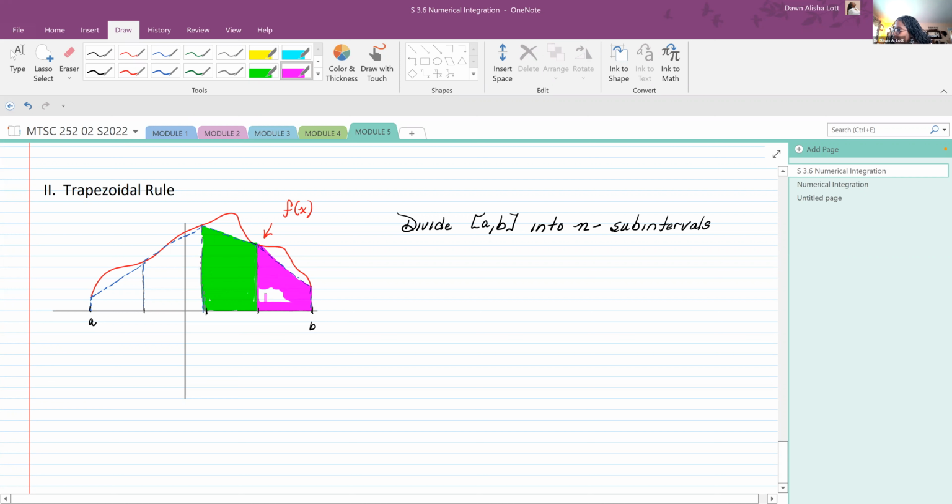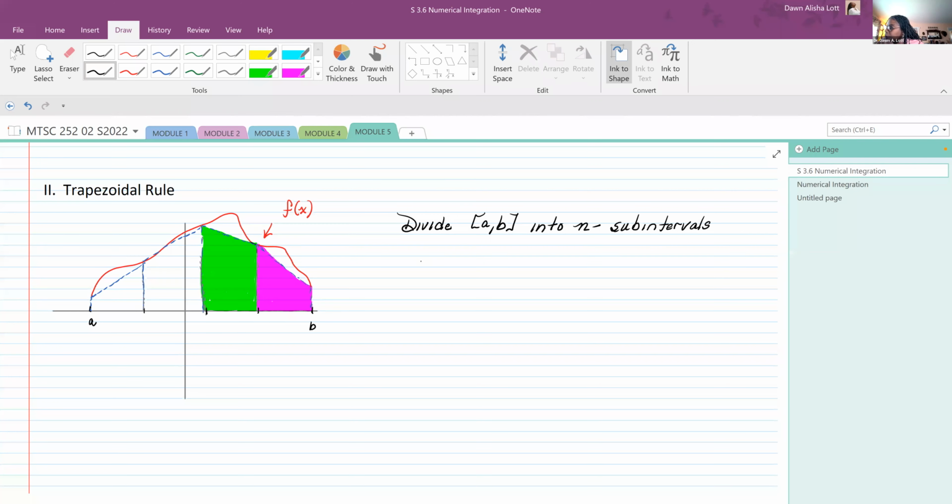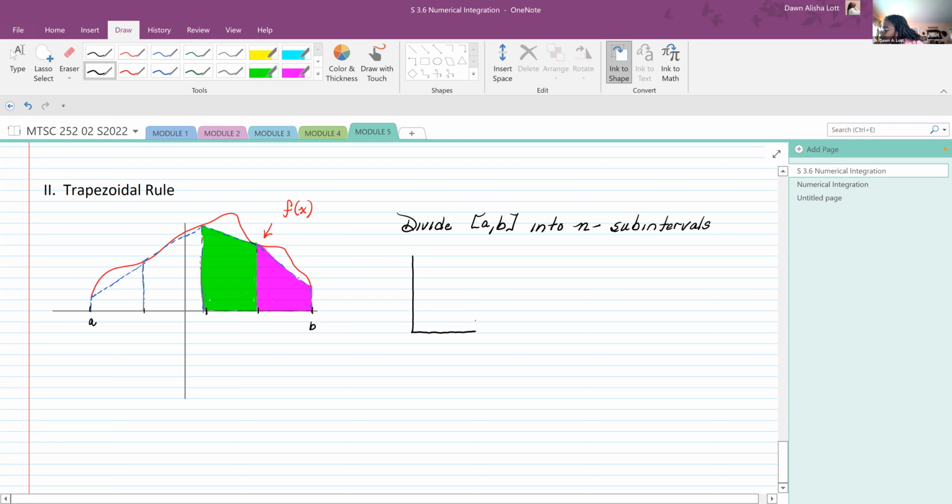Okay, that's good enough. That's two trapezoids. All right. So now that you see the two trapezoids, how do you find the area of a trapezoid? All right, so I'm going to draw a trapezoid, and I hope this does right. That is not a trapezoid.